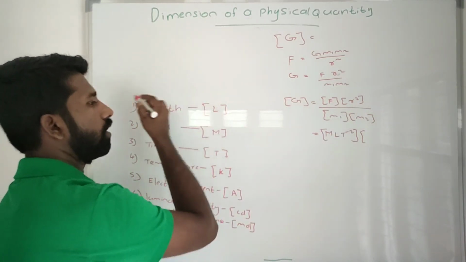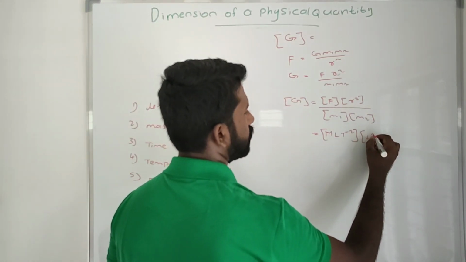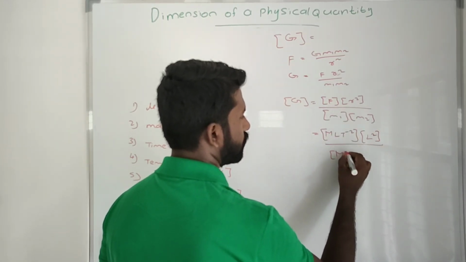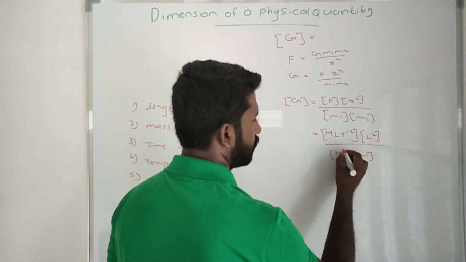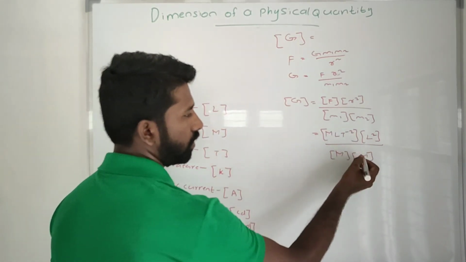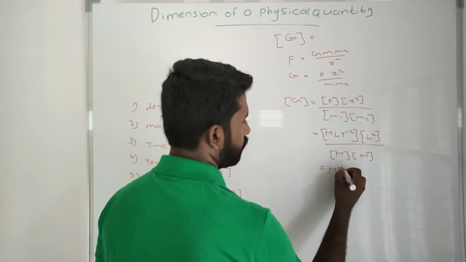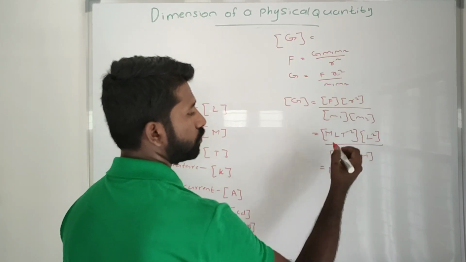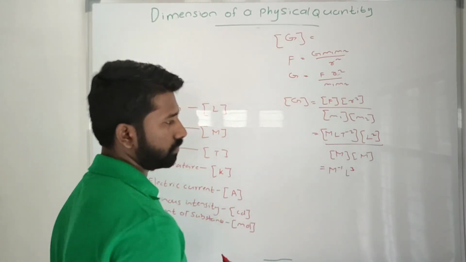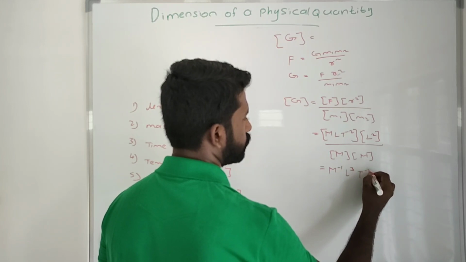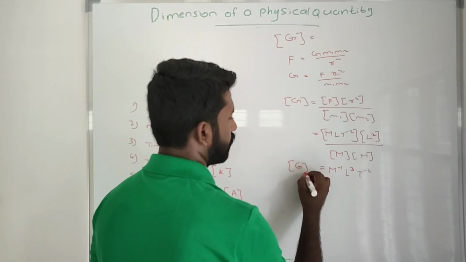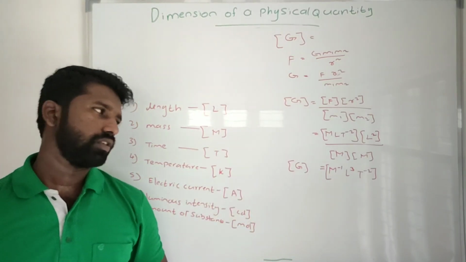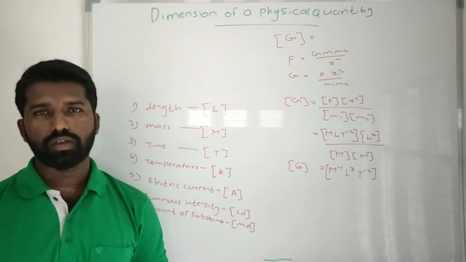Distance is similar to length, so we will write L square divided by M, the dimension of the first mass, and M, the dimension of the second mass. This M and M is cancelled, one M goes there. So what do you get? M power minus 1. Here L power is 1, here L power is 2, so we will get L power 3 and T power minus 2. This is the dimension of the universal gravitational constant. Clear? Okay.